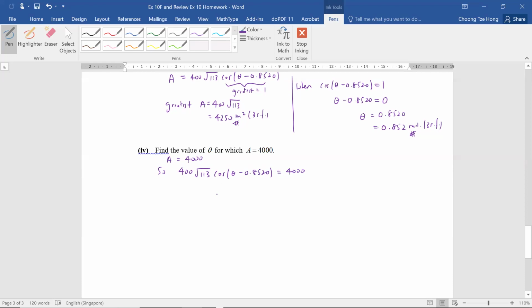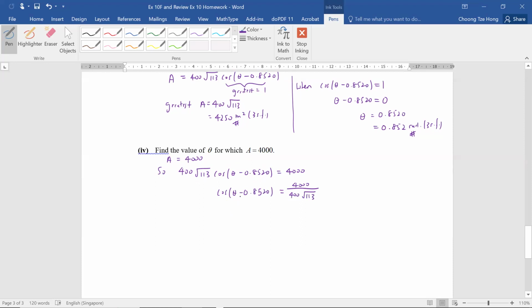To solve this, we'll bring the 400 square root 113 to the other side. So cosine of theta minus 0.8520 equals 4000 over 400 square root 113.